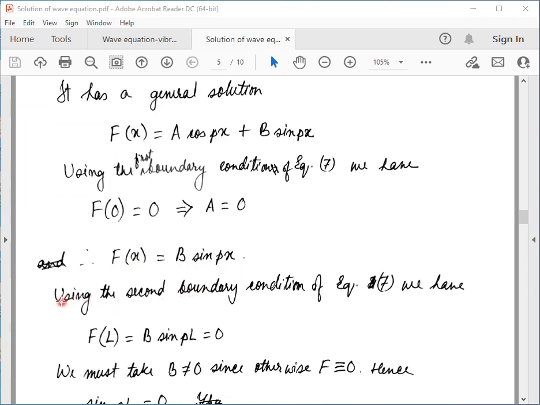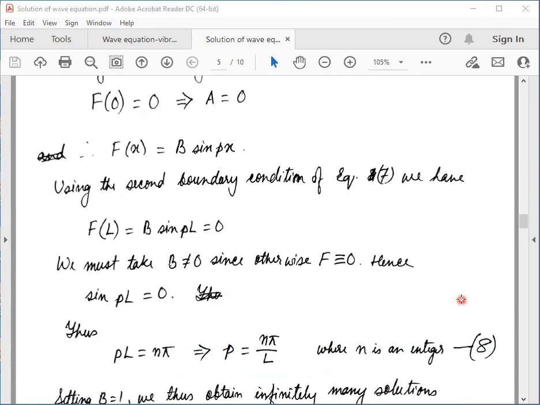Now let us use the second boundary condition. The second boundary condition says that when you put x equal to L, f should be equal to 0. Putting x equal to L gives b sine pL equal to 0.